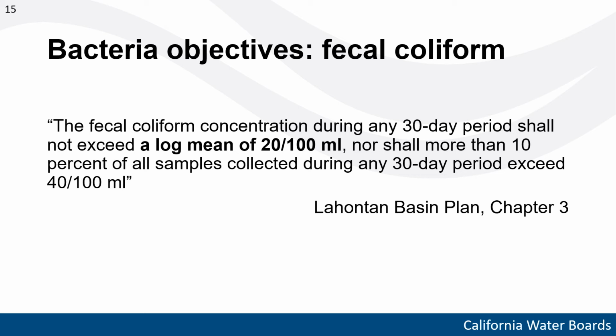The objective is made up of 2 parts, meaning that there are 2 ways of determining if water is dirty. The objective provides an allowed concentration of bacteria measured as an average over a month, or measured as a single data point against a higher concentration value.